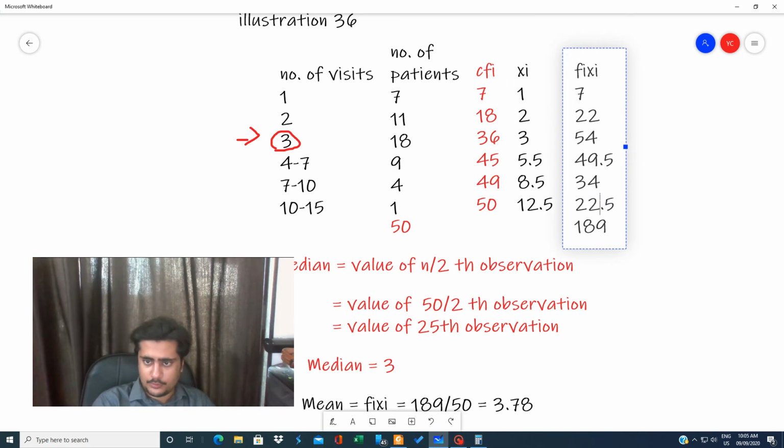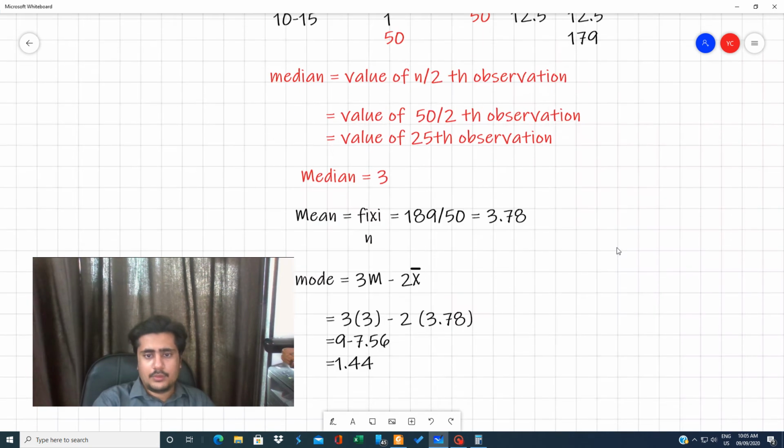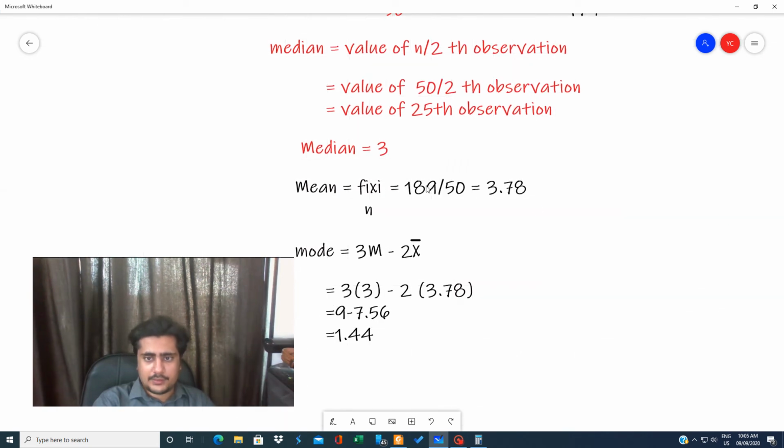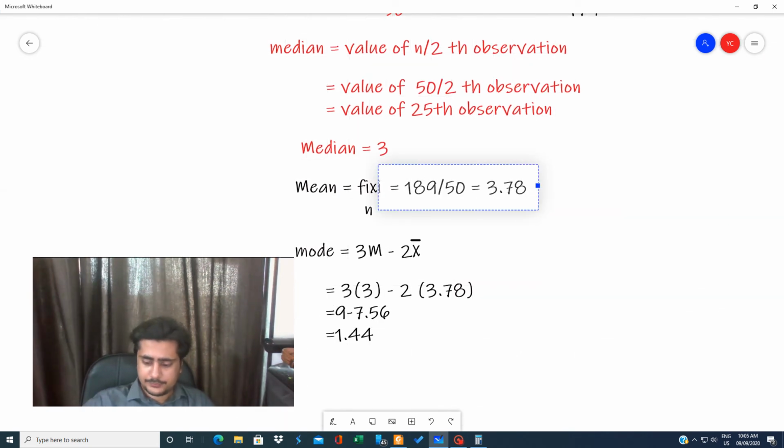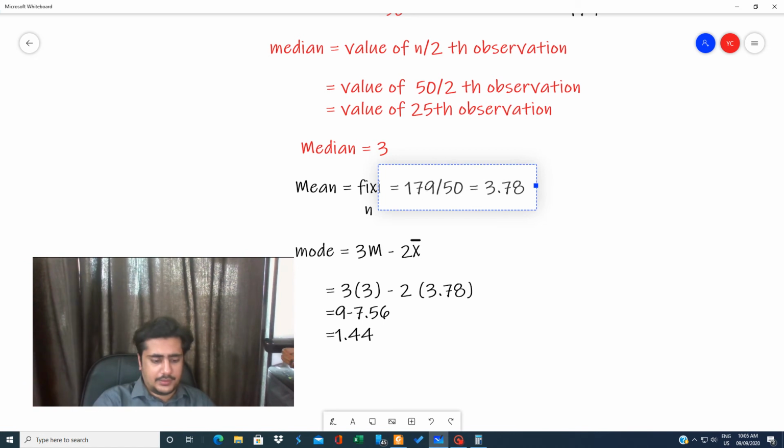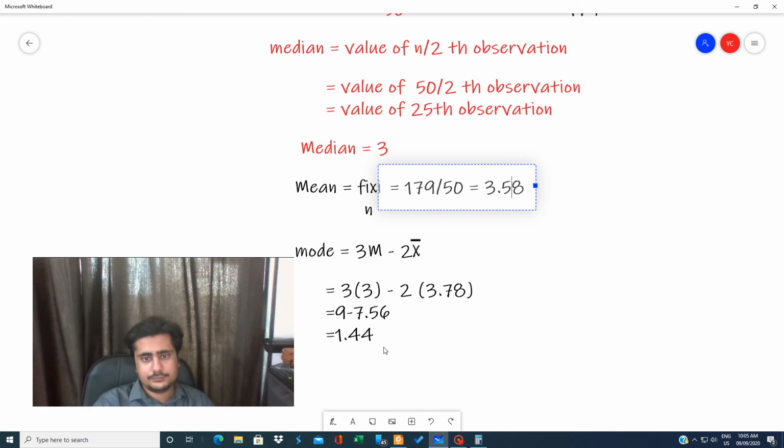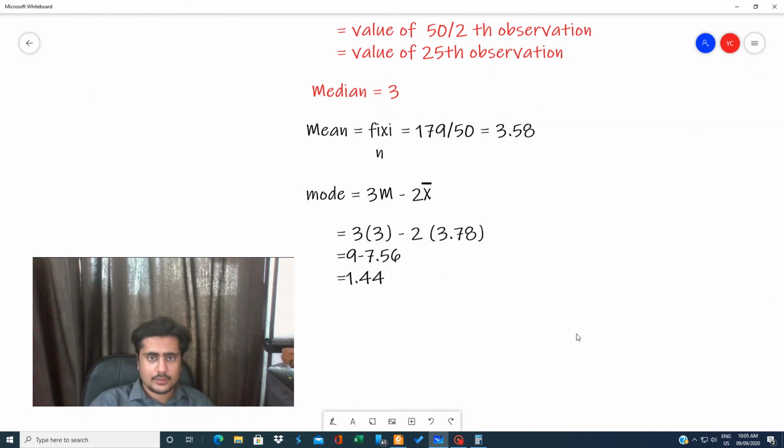It will reduce by 10. We made some mistake here, so this will reduce: 179. Now 179 upon 50, that is 3.58.